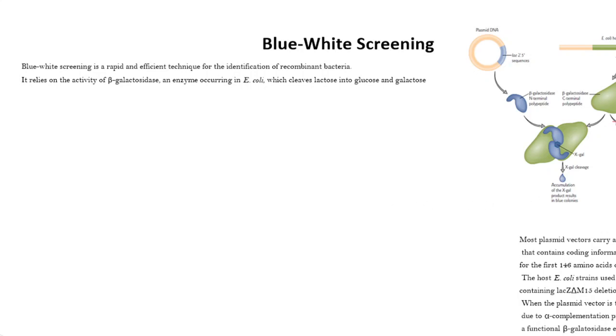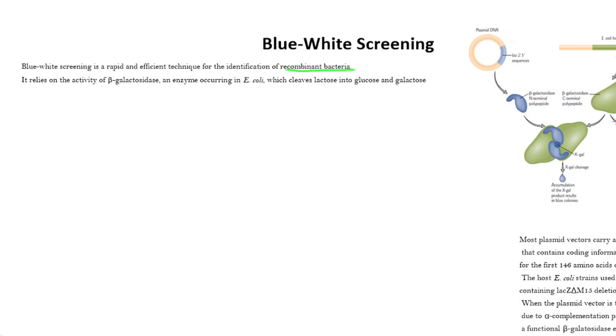And when I say recombinant bacteria here, this is the bacteria that has taken the plasmid in the correct form. Any plasmid that has been inserted correctly, that is what we mean when we use the word recombinant here.